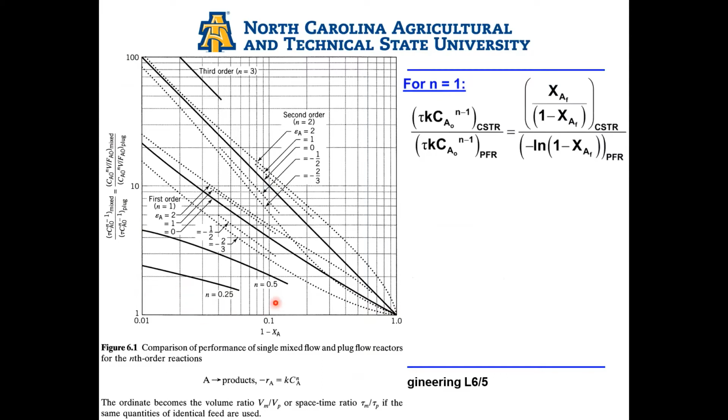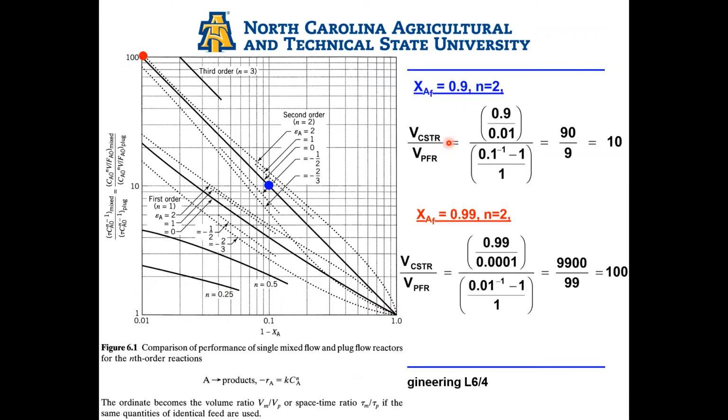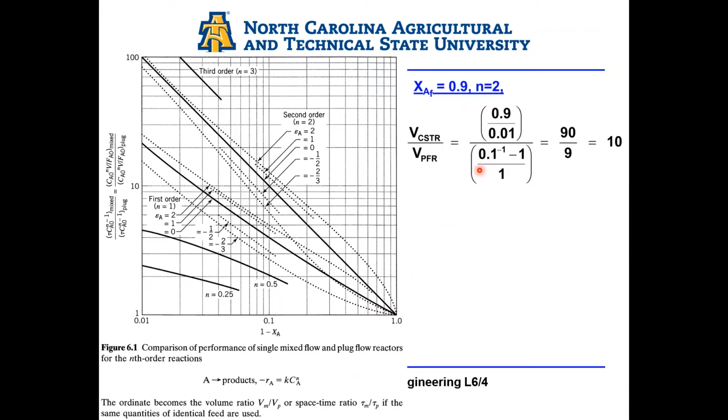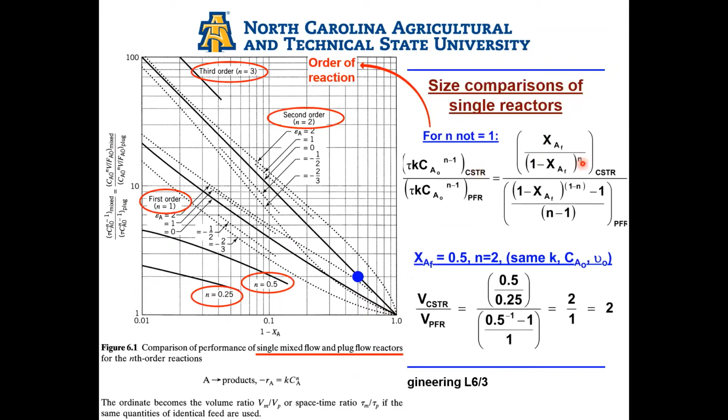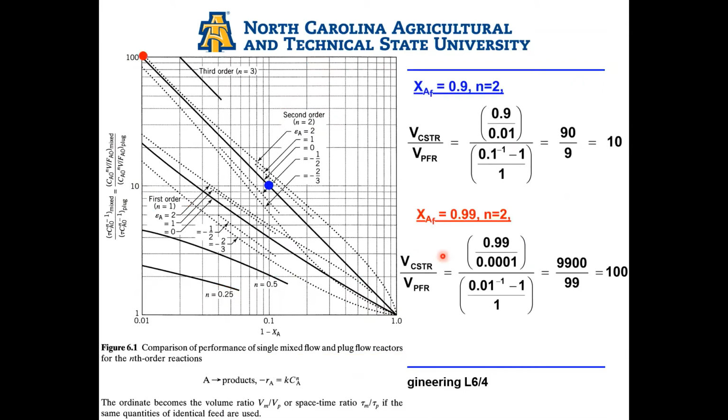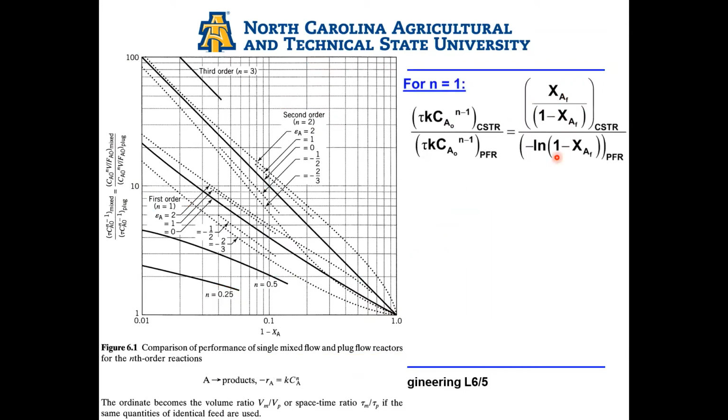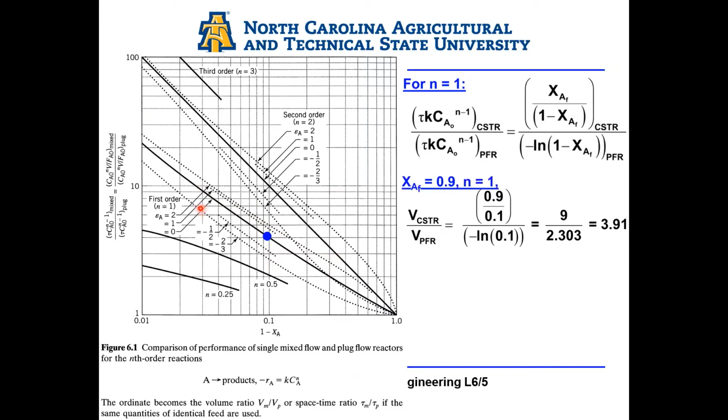Okay. Now let's have a look at n equals 1. For the case where n equals 1, I'm just going to plug 1 in for n and get my simplified equation as always. And we're basically looking at this line right here, n equals 1. Let's look at a bunch of cases.